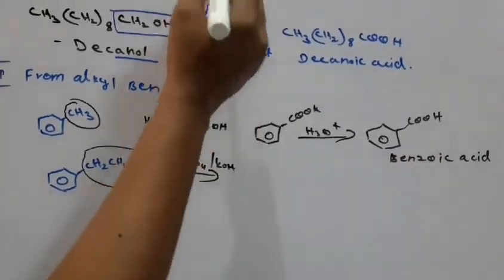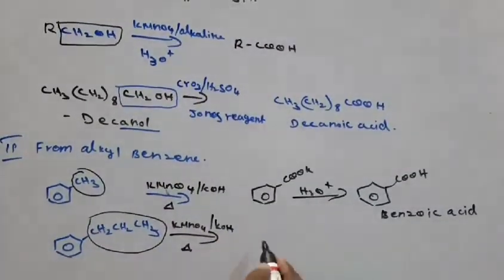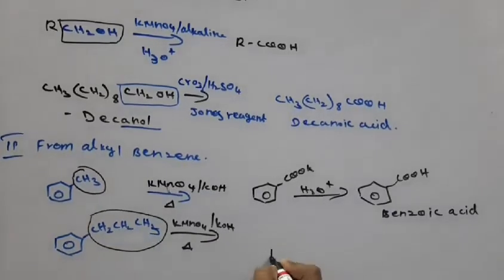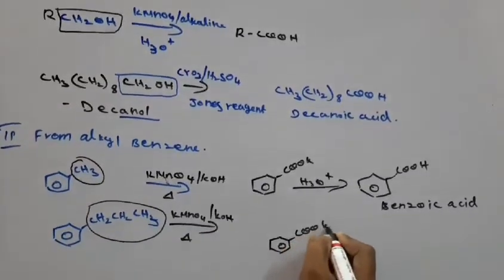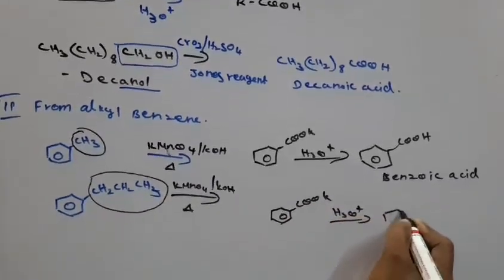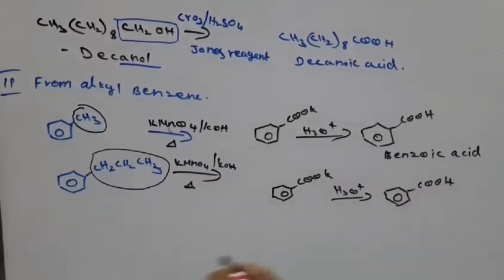This is an aromatic acid, while alkyl group with acid is an aliphatic acid. So the whole parent alkyl group is converted first to salt, and then hydrolysis takes place to produce acid. So this is benzoic acid.